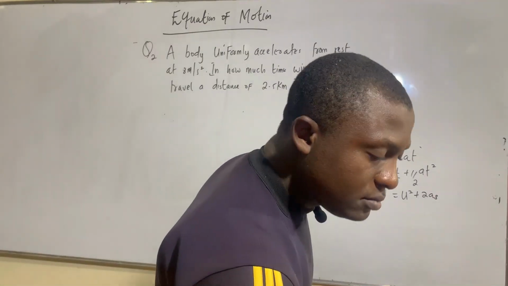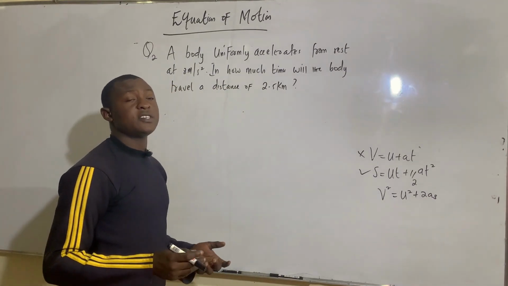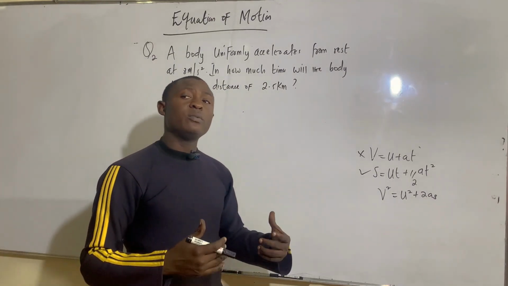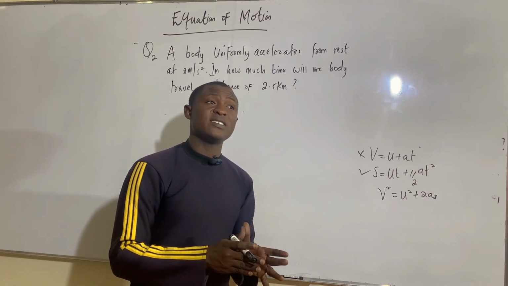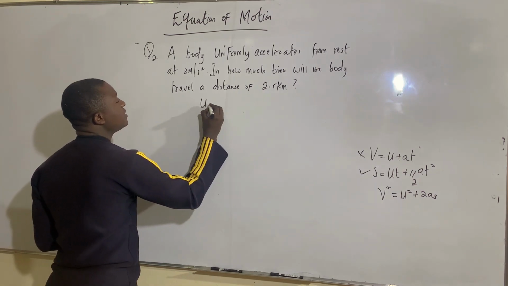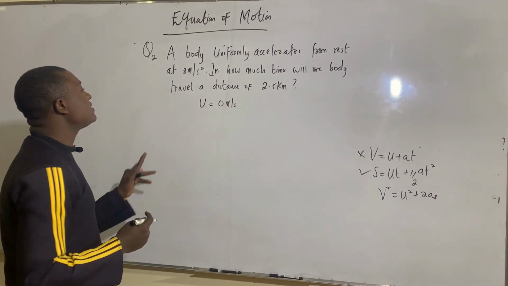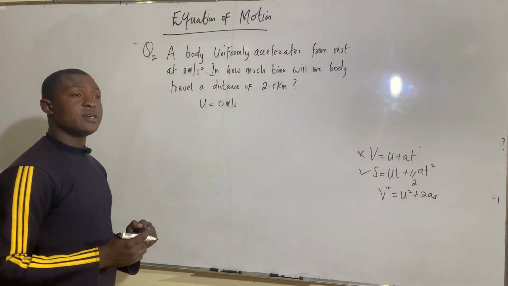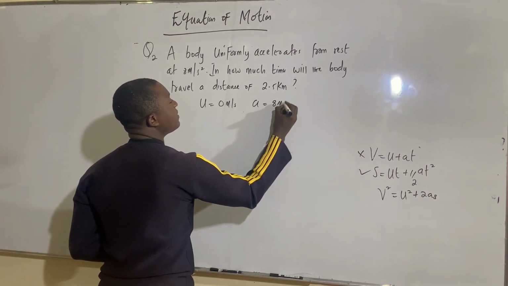Now, they said a body uniformly accelerates from rest. I told you, if a body accelerates uniformly from rest, it means our u must be 0 meters per second. At 8 meters per second squared, that means we are given acceleration to be 8 meters per second squared.